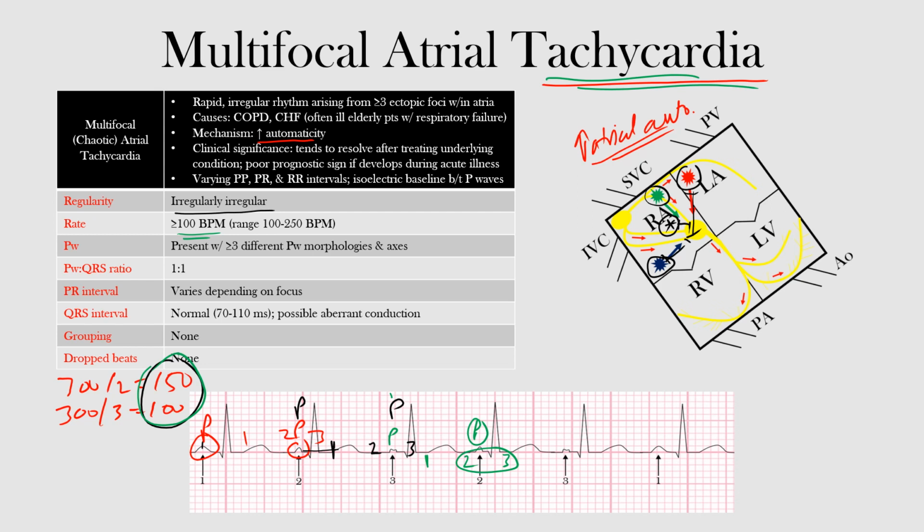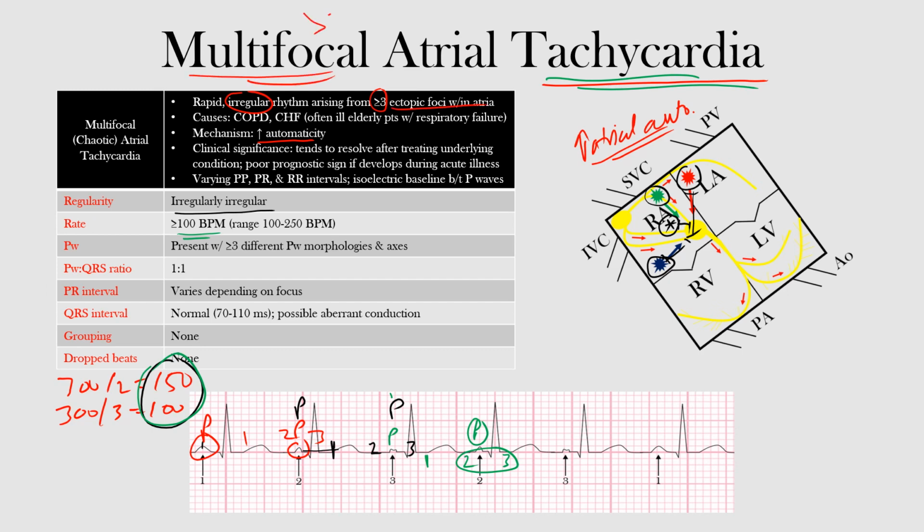So let's briefly review our chart here before we end, to make sure we didn't miss anything. So again, this multifocal or chaotic atrial tachycardia, okay, is a rapid, irregular rhythm arising from at least 3, so 3 or more ectopic foci within the atria, okay?